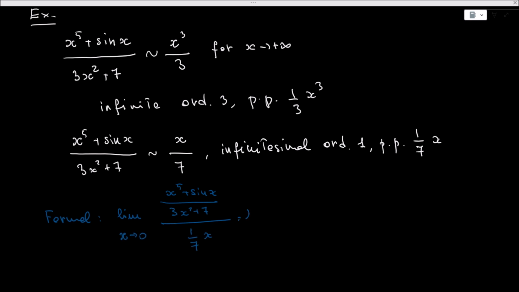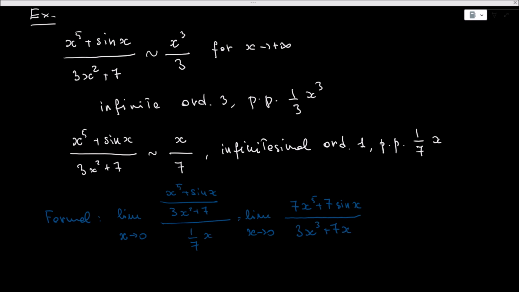But this is the limit as x goes to 0 of what? Well, we need to multiply the numerator by x, right? So we'll have, we need to multiply by 7. So we have 7x to the fifth plus 7 times sine of x, this is what we get at the numerator. And then we have 3x to the cube plus 7x at the denominator.